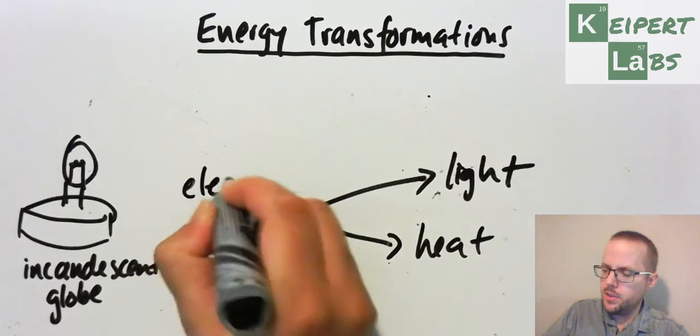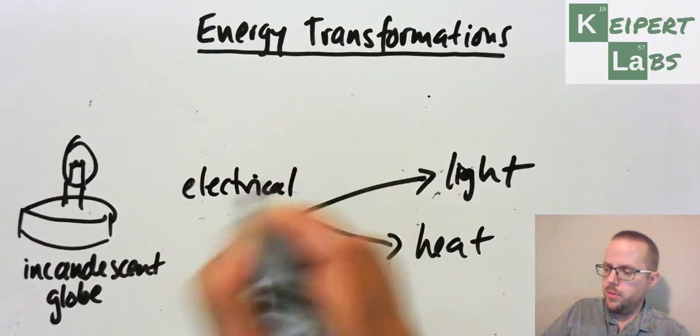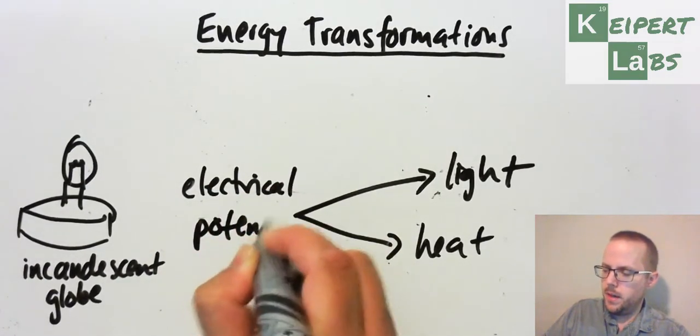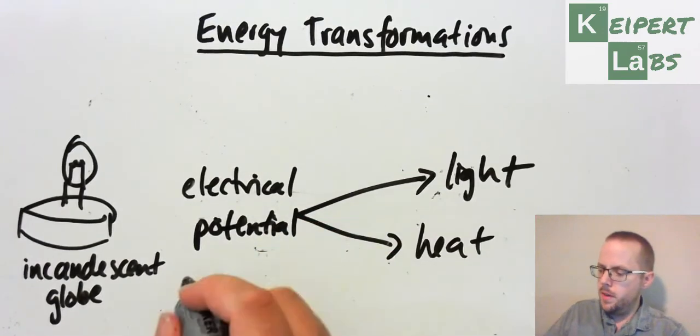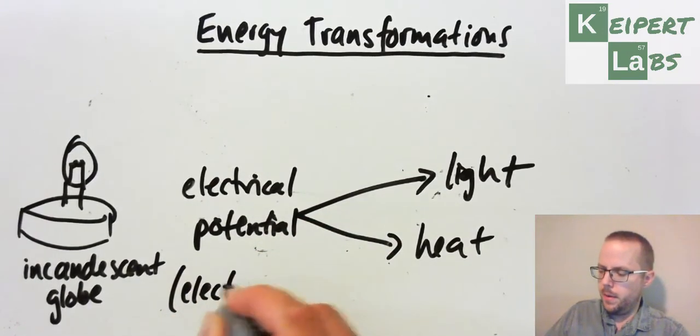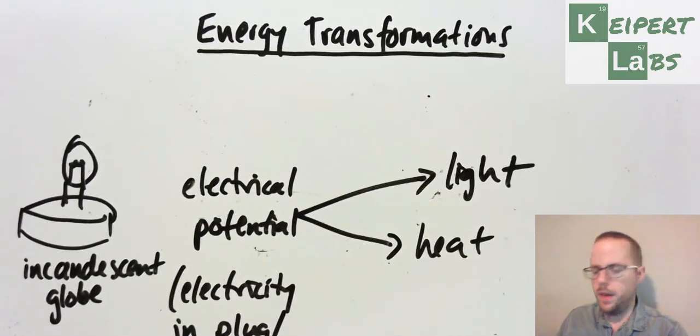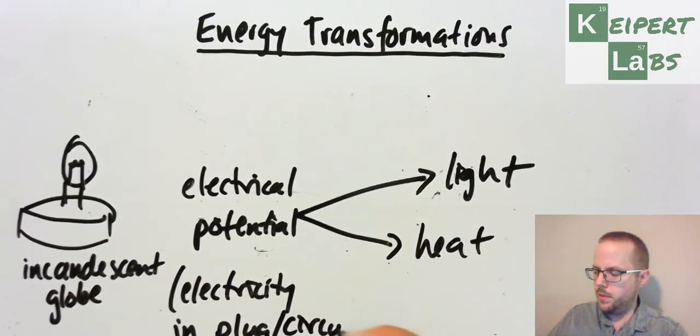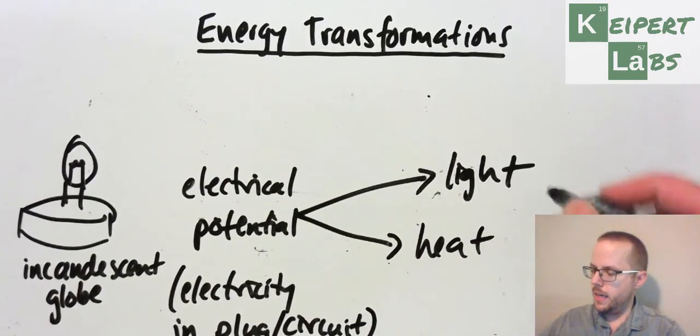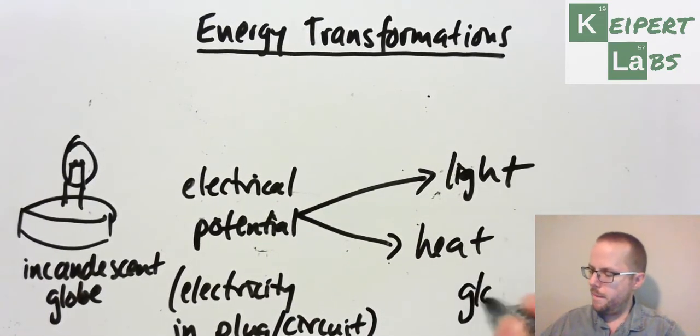So we're thinking in this situation about electrical potential energy. Okay, so once you plugged it in, the electricity in the plug, in the circuit. Okay, it's a bit vague, but just for this situation it works. Okay, and so then we get light and heat in our globe.